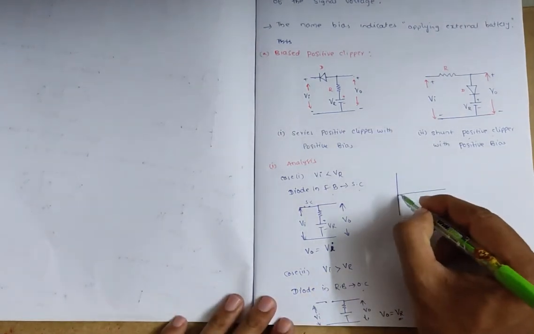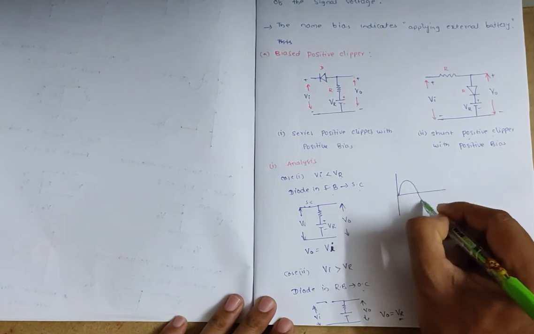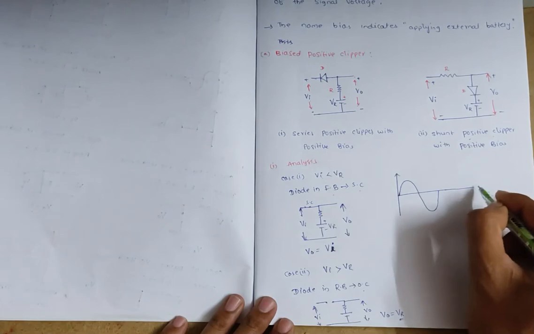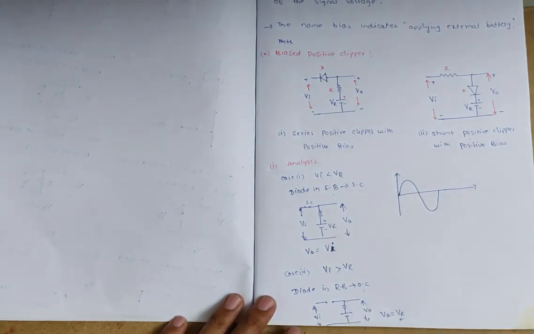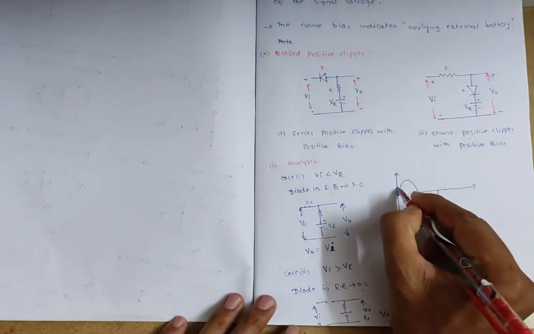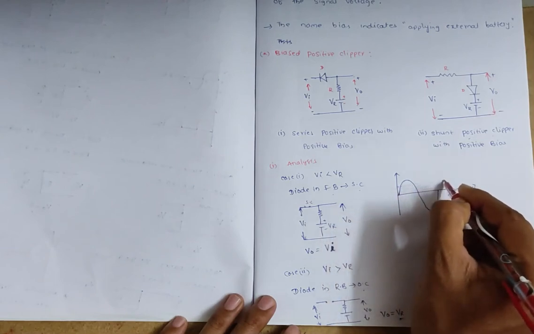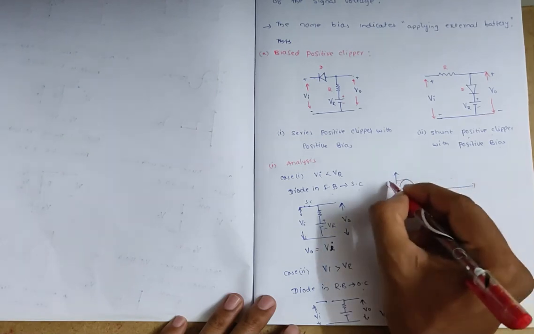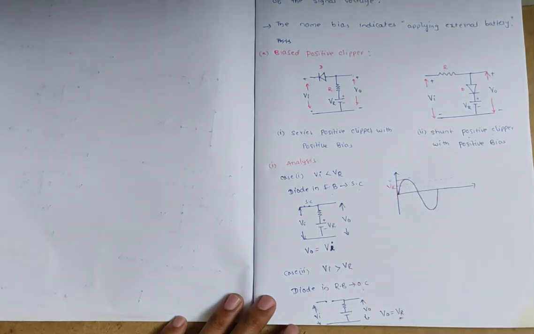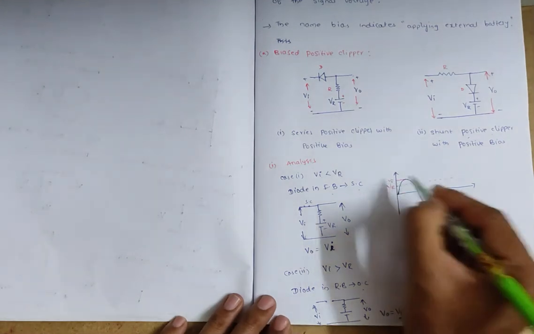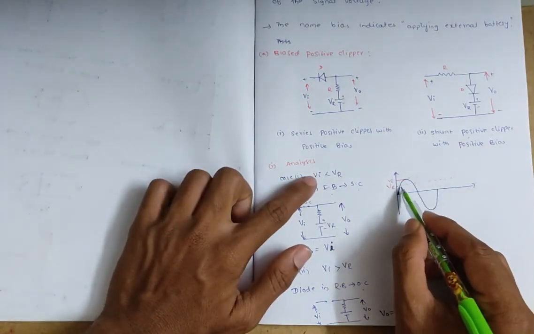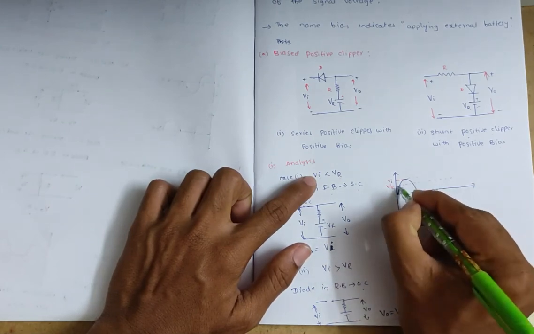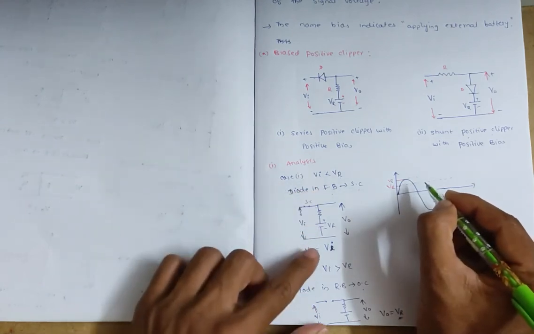So now we are applying the input signal like this. Here VR is positive. Here I am representing VR. This is my VR. When Vi is less than VR, that means up to this point, what could be the output?